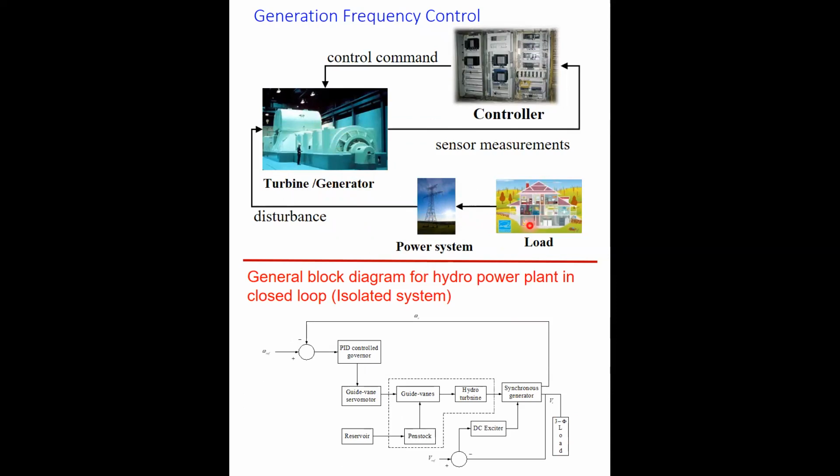You have some disturbance on the load side, as well as some disturbance in your network, let's say a trip of a line, and this forms a disturbance on your generator. Against this disturbance, you have to control the output power from the turbine generator set.